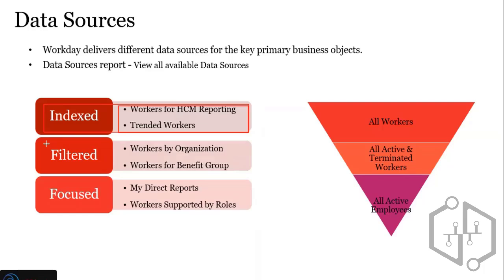Now within standard data sources, again check if there is a filtered data source available. We'll talk about filtered data sources in more detail as we build our report. And if there is no filtered data source available, check if there is any focused data source. Now, what is a focused data source? For example, on the worker business object, there is a data source called my direct reports.